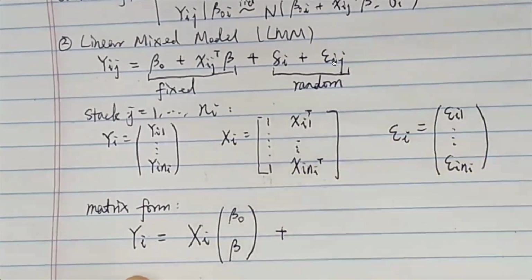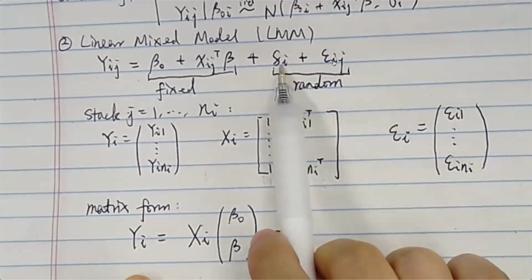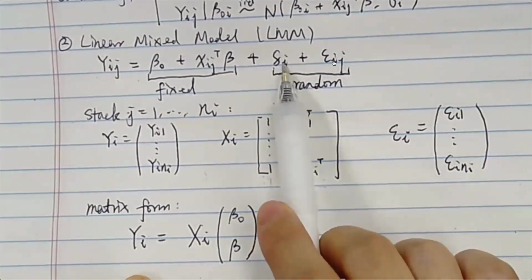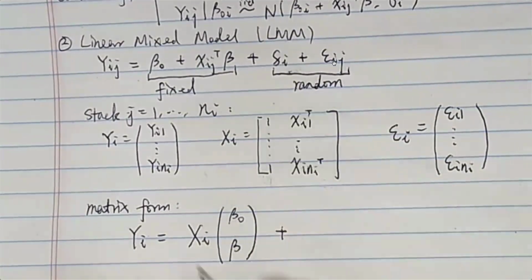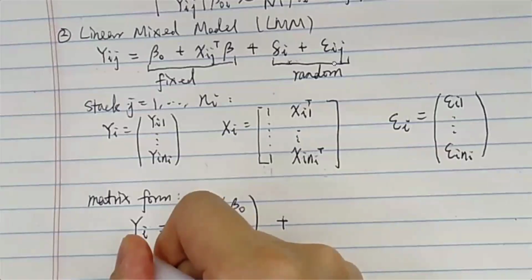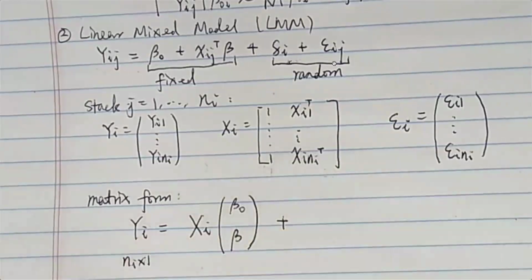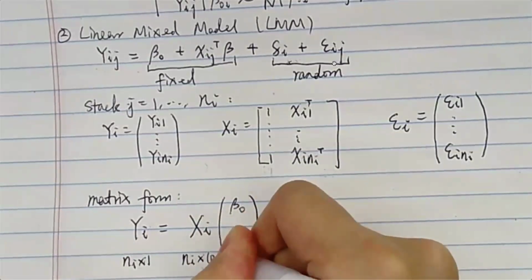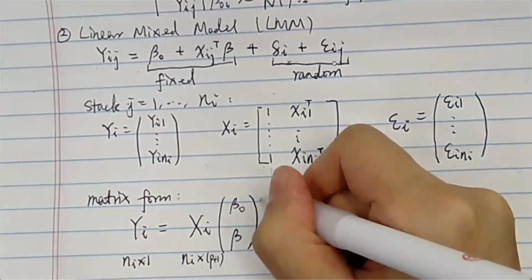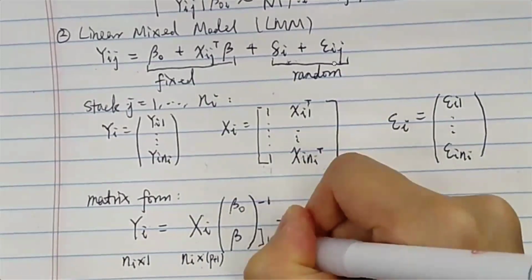And I need to have this delta_i in the matrix form, but delta_i itself is a scalar. So looking at the dimensions here, y_i is n_i by 1, x_i is n_i by, let's just write p+1. And this is one-dimensional, this is p-dimensional.